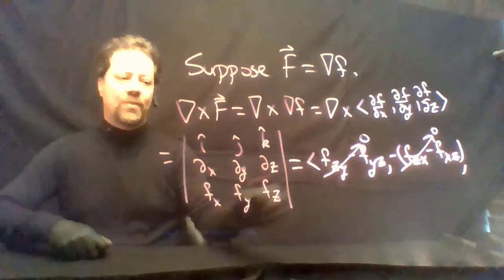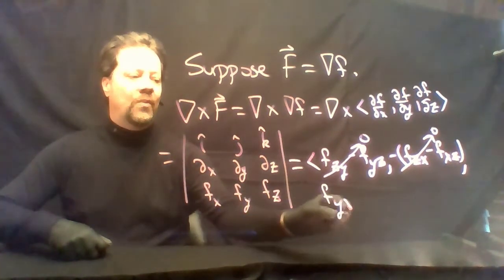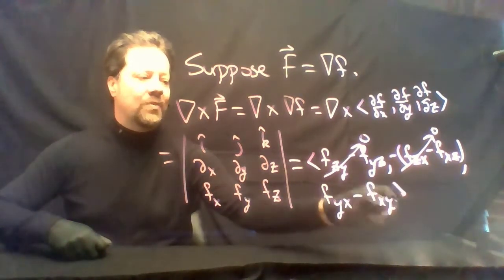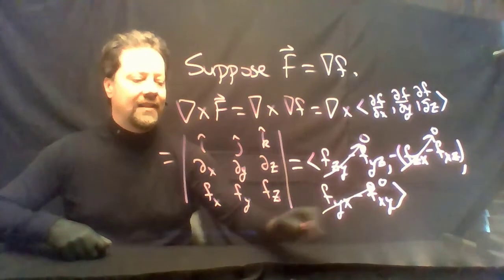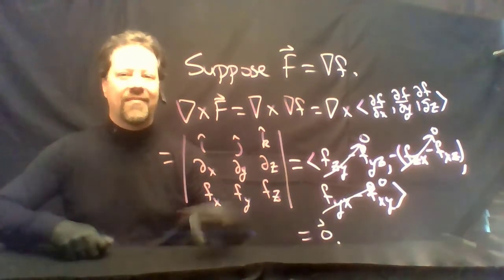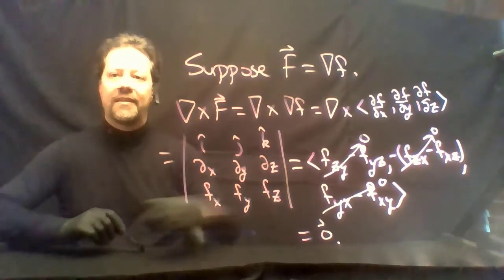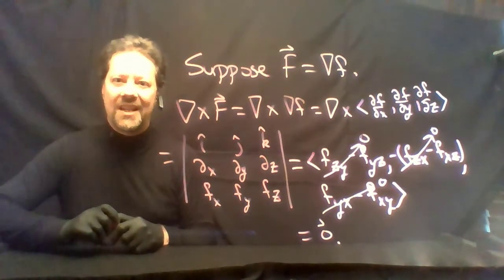And the last coordinate is fyx minus fxy, and that again is 0. We deduce that if a vector field is conservative, then it is irrotational.